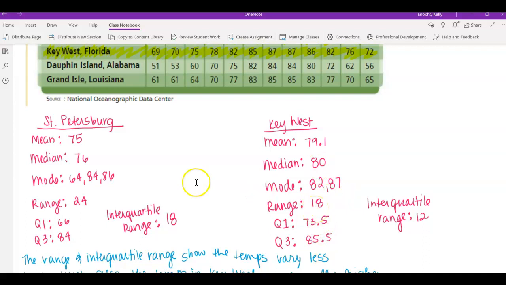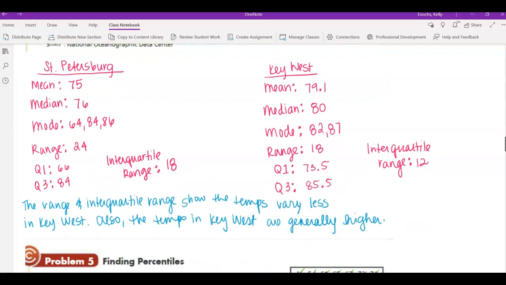Okay. So from that, you can gather a couple pieces of information. Notice that our ranges and interquartile ranges, these numbers for St. Petersburg are much larger than these numbers for Key West, which means Key West is probably more consistent and it's the same type of number or temperature all the time, where St. Petersburg has a bigger fluctuation of temperatures.